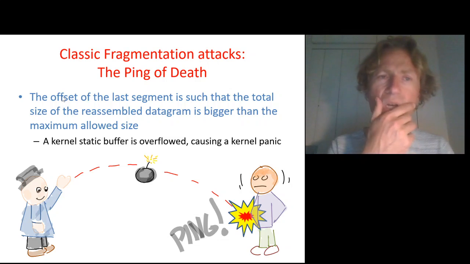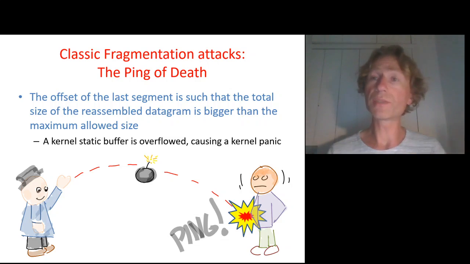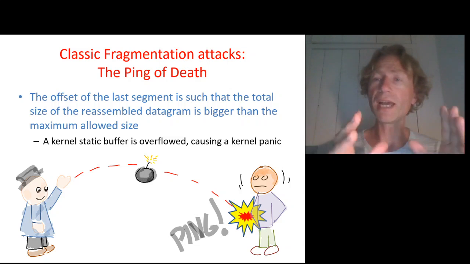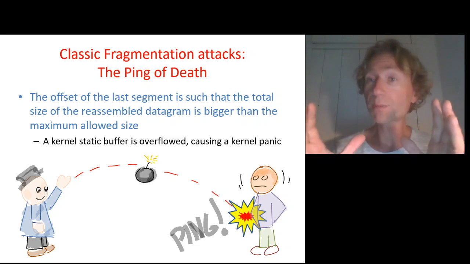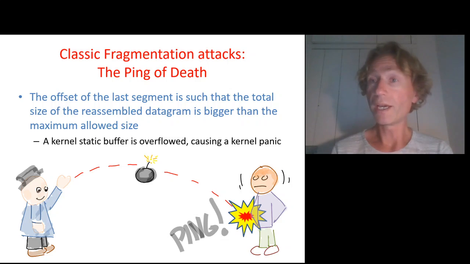It's the attack that makes use of the fact that the offset of the last segment can be such that the total size of the reassembled packet is bigger than the maximum allowed size. If you only allocate enough memory for the maximum allowed size according to the protocol, and you're able to specify a length by means of these offsets that exceeds that maximum, you get a problem.